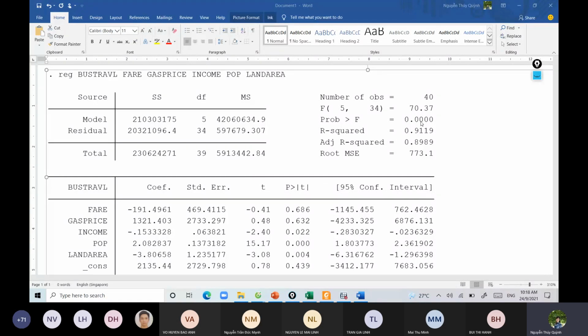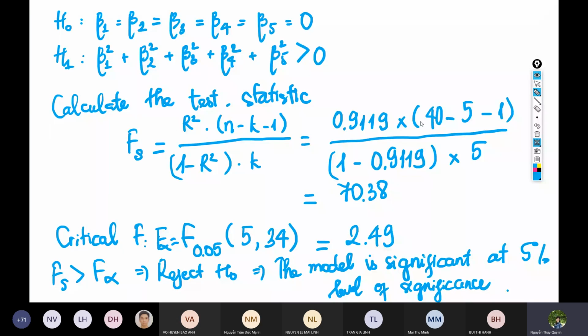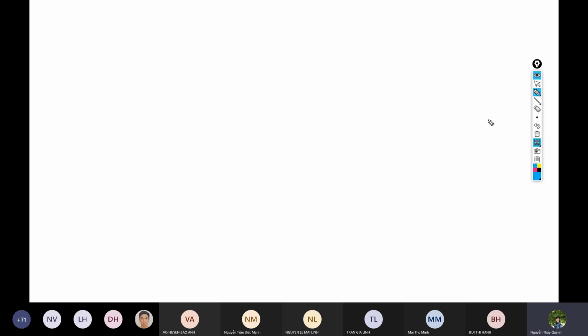So there is another way that we can test for the overall significance of this model. Now I will erase this one and write a new one using another approach. That is the p-value approach.